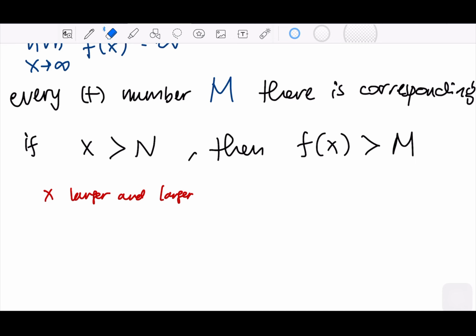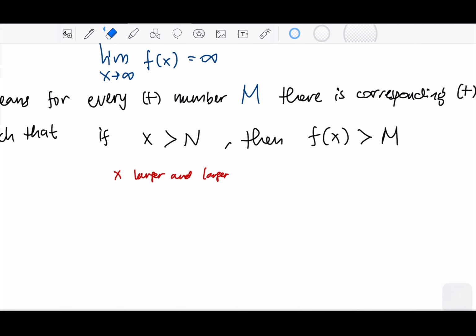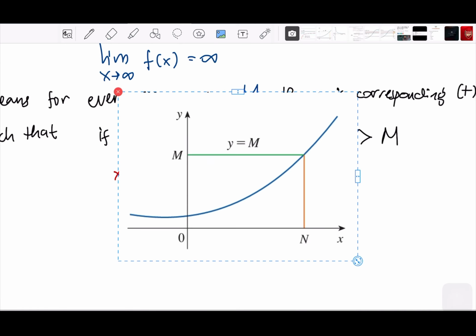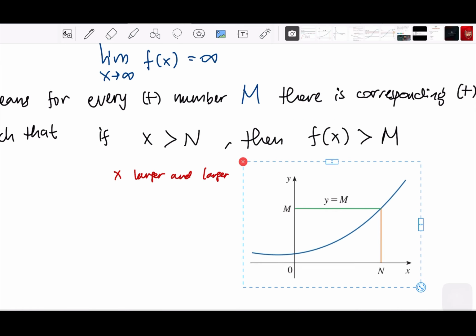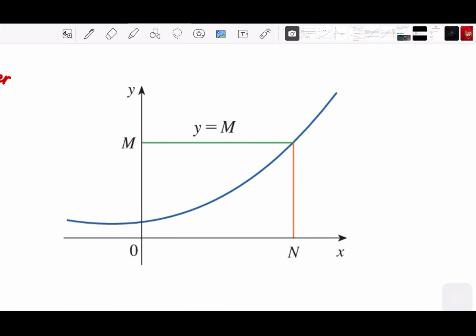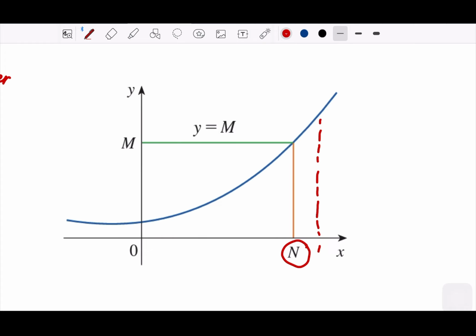So n and m just symbolize that when we take a number, there is always another number that is bigger than the function. If we take the graph, this is how it looks. Every time we take an n, let's say here, the corresponding m is always going to be here.